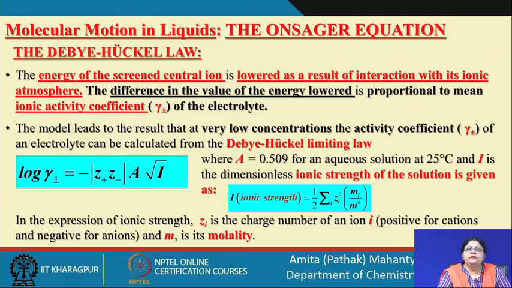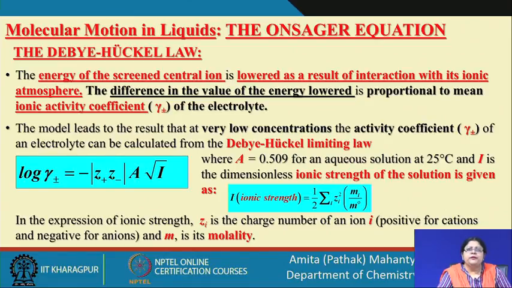So, the Debye-Huckel theory says that the energy of the central ion in an ionic electrolyte solution is going to be lowered because of the presence of the ionic atmosphere, and the difference in the value of the lowered energy is proportional to the ionic activity coefficient of the electrolyte.